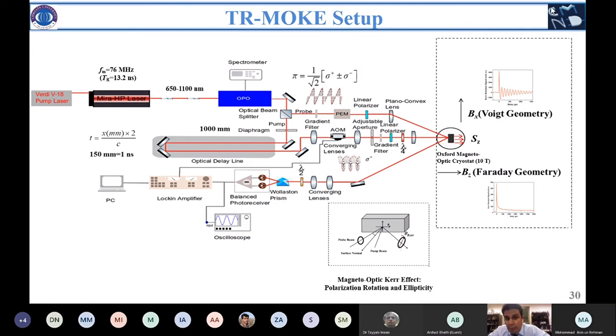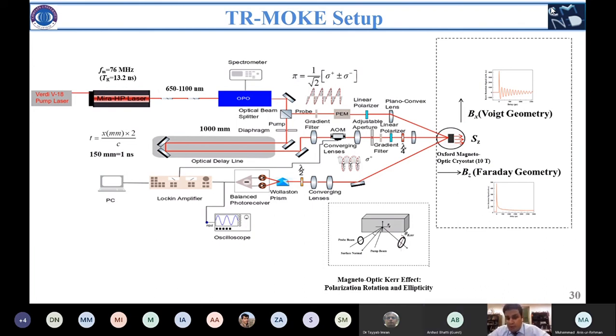As a result, the refractive indices of the left and right circularly polarized components will differ. As a result of this difference in refractive index, we see a rotation of the polarization. You can see it down here, which I'm pointing to with my cursor. This is called the magneto-optic Kerr effect.